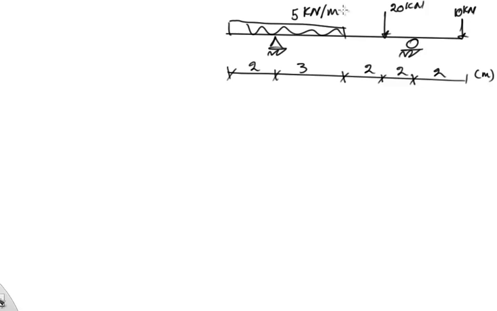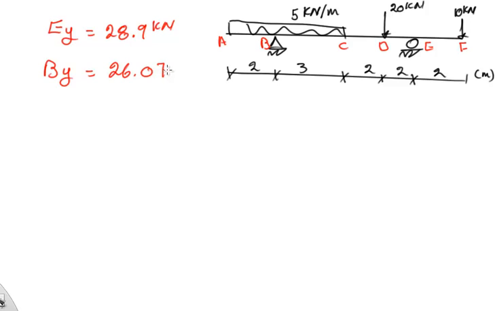But if I call these points A, B, C, D, E, and F, I will find the following: EY should equal 28.9 kilonewtons, and BY should equal 26.07 kilonewtons. So you guys do the reactions and check your answers with these numbers.